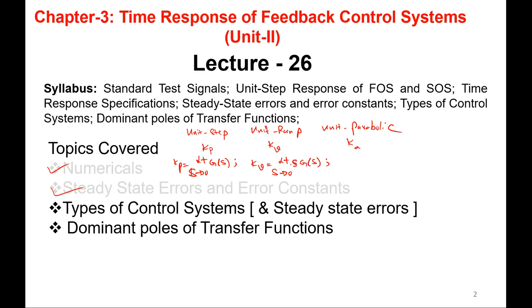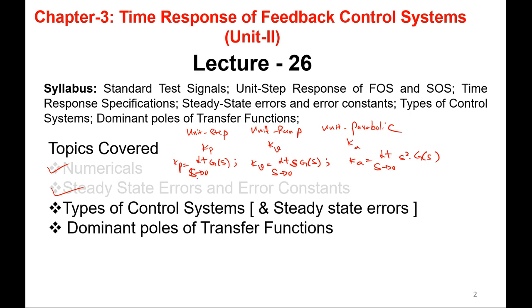Then the acceleration error constant is limit s tending towards 0 of s square into g of s. Just observe: g of s, s into g of s, s square into g of s, based on the kind of input we are applying, unit step, unit ramp and unit parabolic, and the corresponding error constants: position, velocity and acceleration error constant.